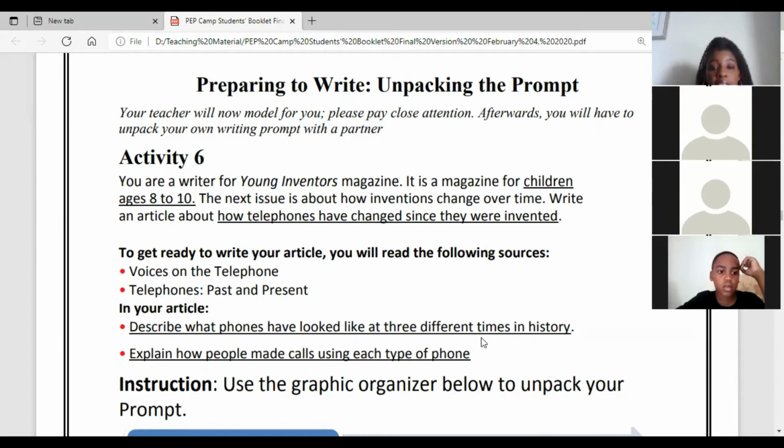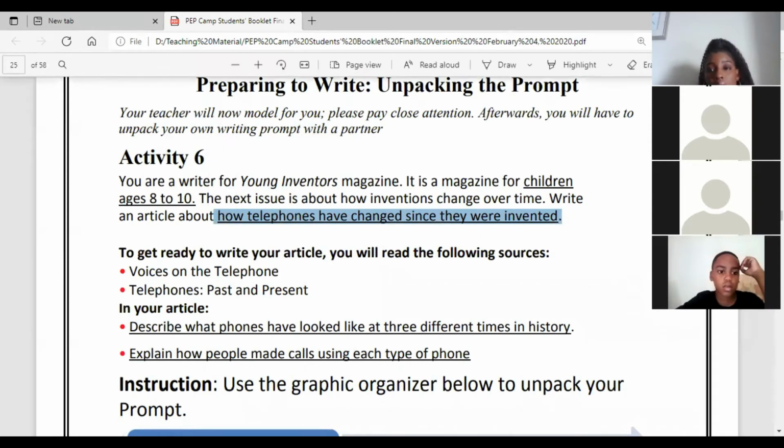So there's a task and there's the purpose. The purpose is why you're writing the article, what we want the readers to understand. At the end of them reading the article, what we want them to understand is how telephones have changed since they were invented. So I'm going to highlight this as the purpose. I'm going to use a color highlighter to highlight it.